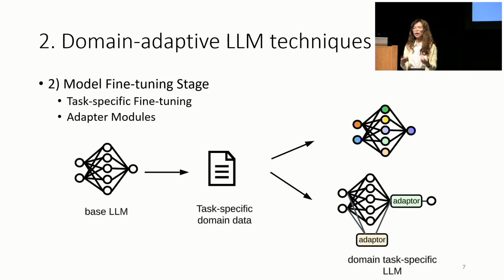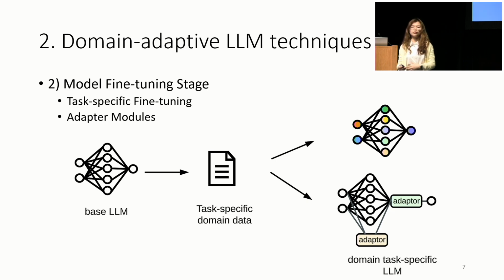But if you have fewer resources or less data, or in the best case, if you have task-specific datasets, you can just do fine-tuning. In fine-tuning, you can either fine-tune many parts of the pre-trained model, or you just train an adapter to tune that part to do a better job on your specific task.